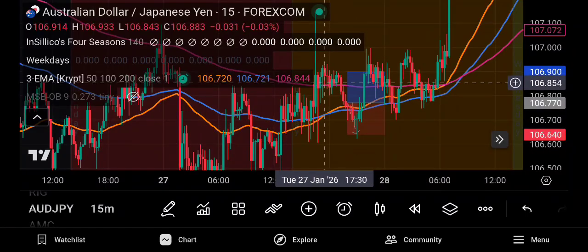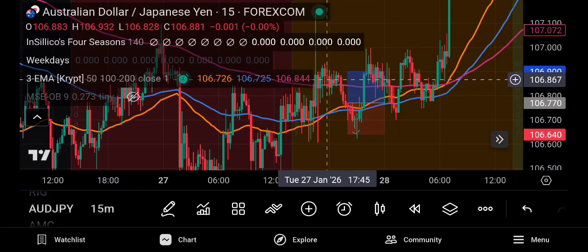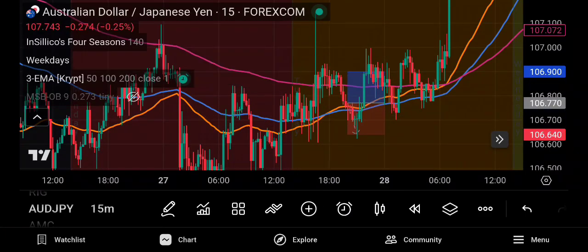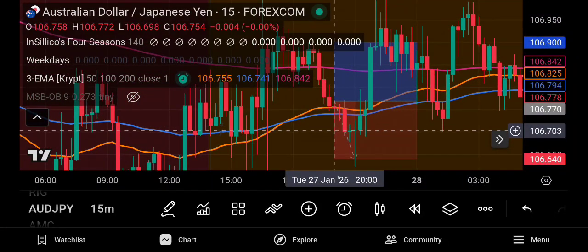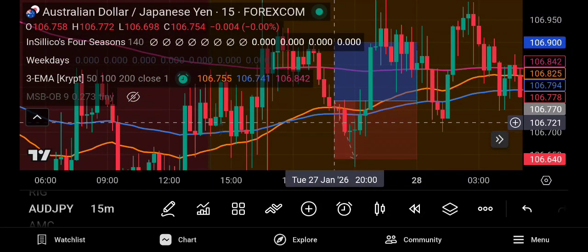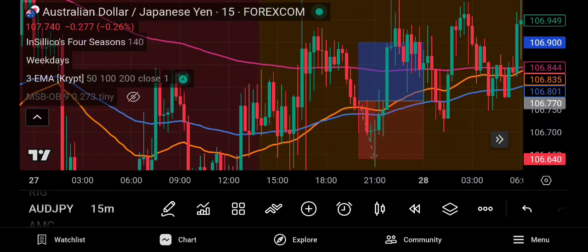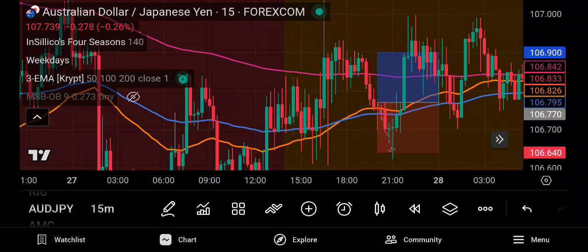So the first trade that I took was right around this vicinity. And I did get taken out by this hammer candle right here. Not sure exactly where I got taken out, if it was somewhere right here or maybe the very bottom wick. Not exactly sure.